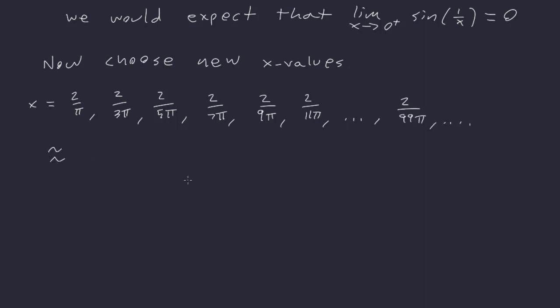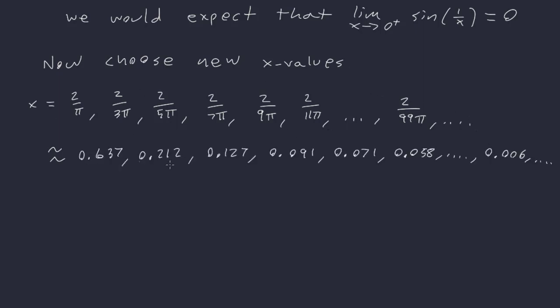Using our calculator, we'll get these values. Once again, we're still getting closer and closer to 0 here. We're just, again, doing it in a way that plays nice with sine. But when we plug any of these values in, let's say sine of 1 over 2 over pi, when we invert and multiply, we'll get sine of pi over 2, which is 1.